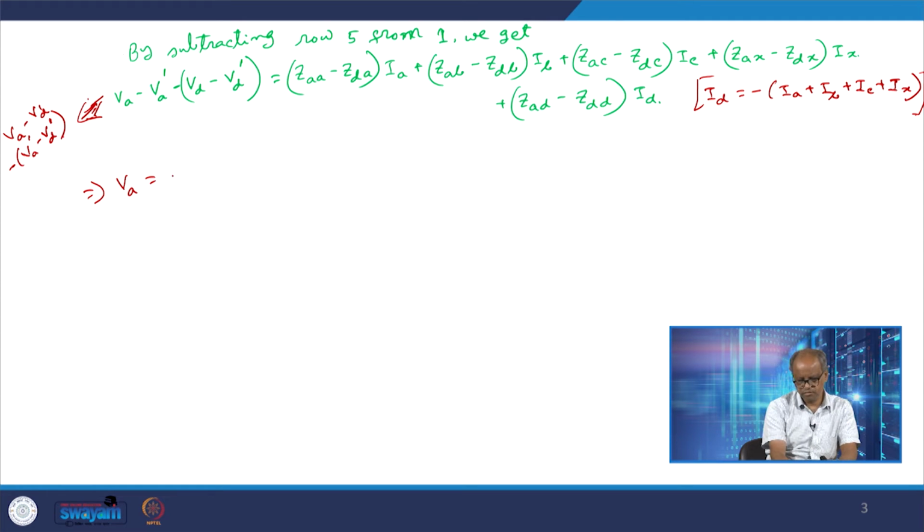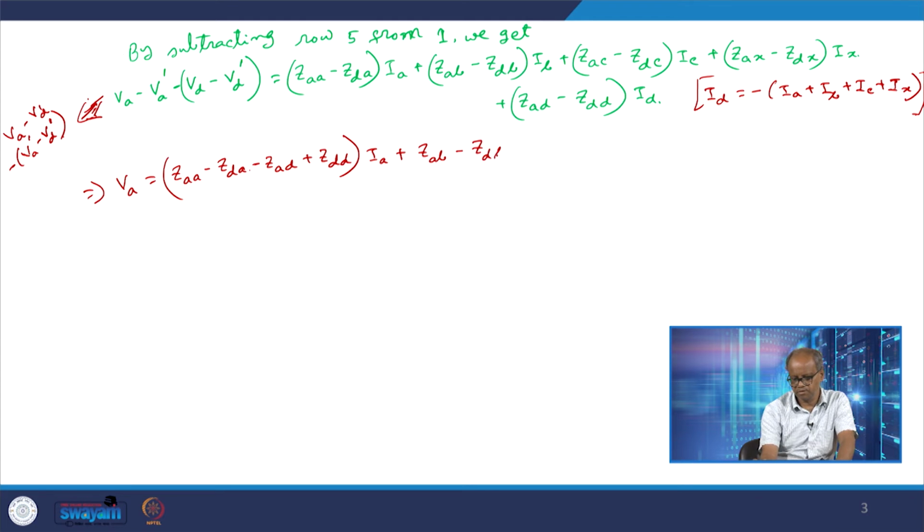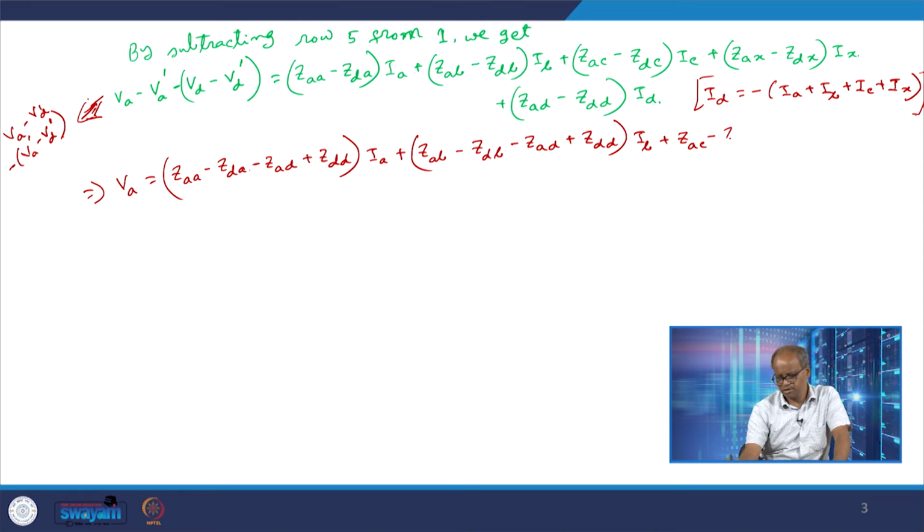So then VA would be equal to ZA minus ZDA, and then ZAD plus ZDD into IA, plus ZAB minus ZDB minus ZAD plus ZDD into IB, then ZAC minus ZDC minus ZAD plus ZDD into IC.